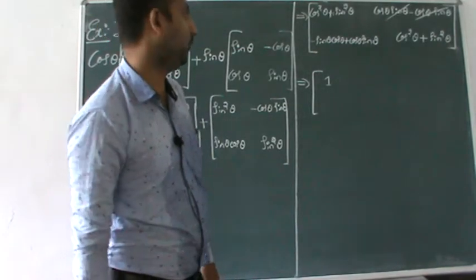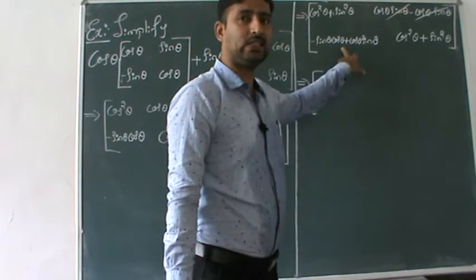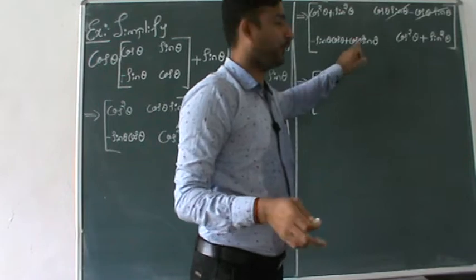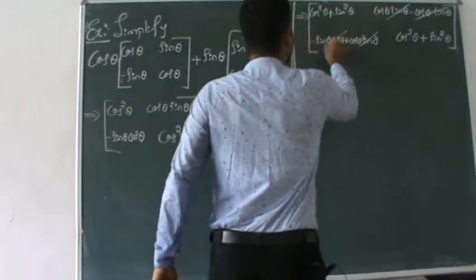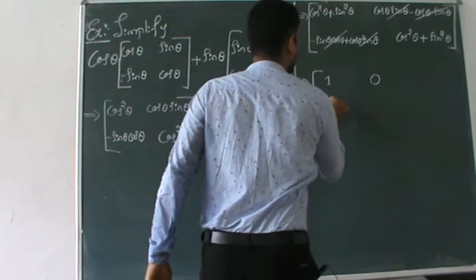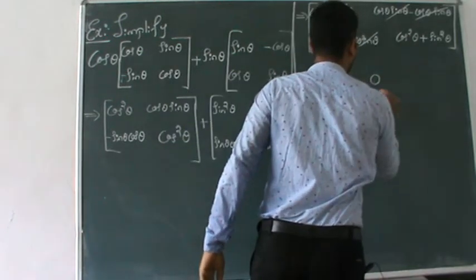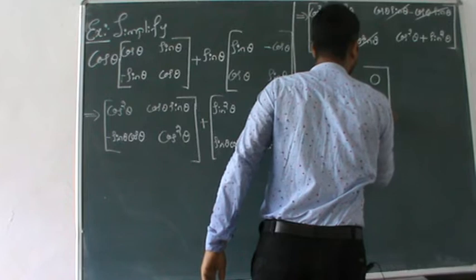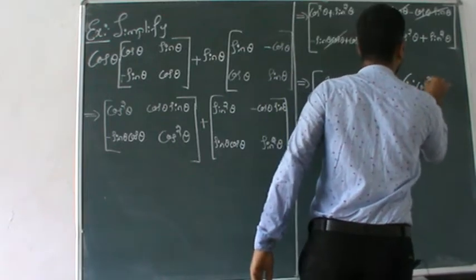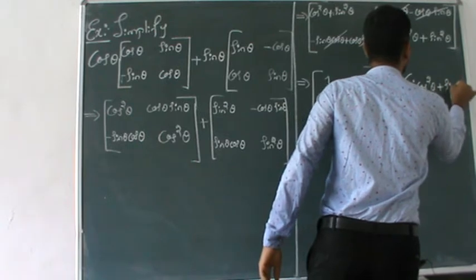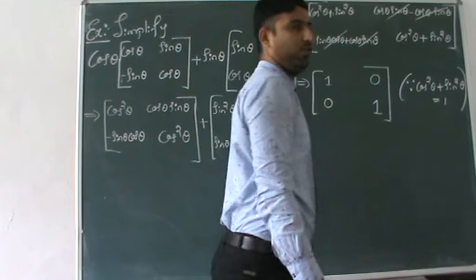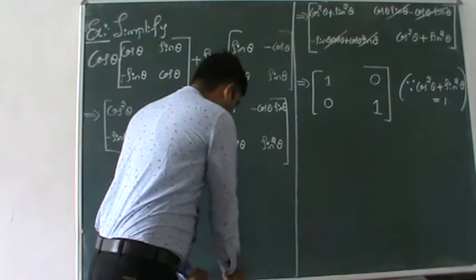Therefore, they cancel out. After that, minus sin theta cos theta with the negative sign and plus cos theta sin theta, their addition is zero. Therefore, they also cancel out. You consider it as 0. Here also 0. Again, cos square theta plus sin square theta becomes 1. If possible, you can write the bracket cos square theta plus sin square theta equal to 1. Standard identity. It is true for all theta.